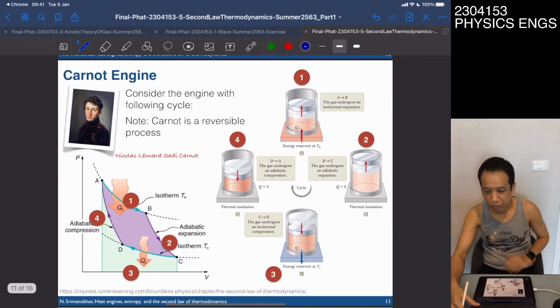Okay, so we're going to one of the important topics that you should understand in this chapter, which we call the Carnot engine.